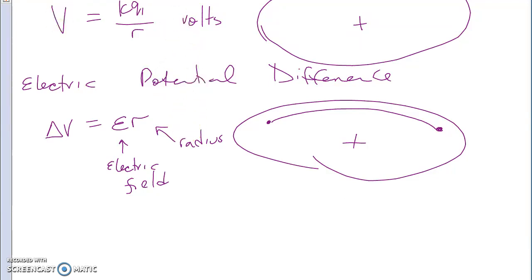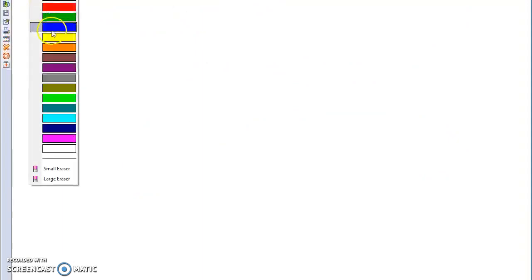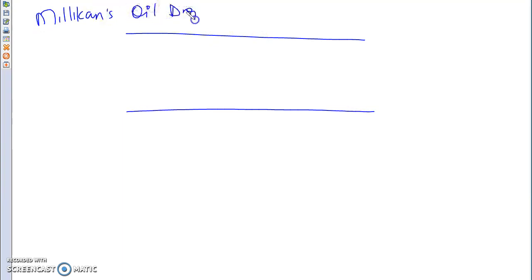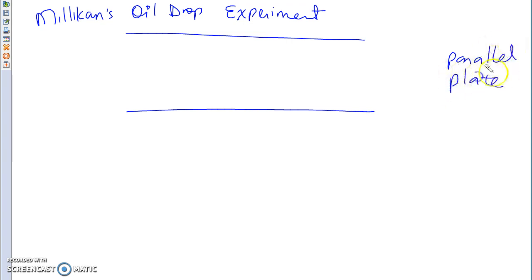All right, so the next thing that we talked about after this was the concept of parallel plates. And here we talked about Millikan's oil drop experiment. Okay, and Millikan's oil drop experiment was basically you had a parallel plate, okay, with a charge on the top and a charge on the bottom.